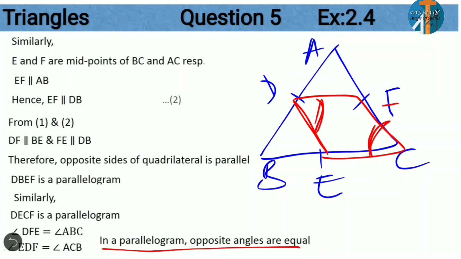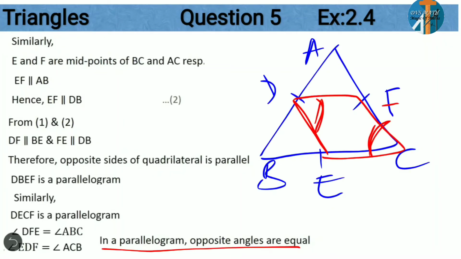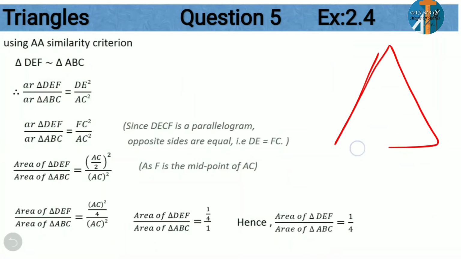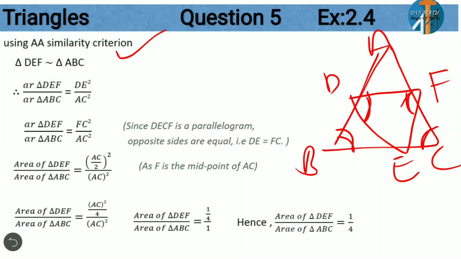So observe here. Using the AA similarity criterion, in triangle ABC and the other triangle DEF, in the first case we got angle F equal to angle B, and in the second case we got angle D equal to angle C. So by the AA similarity criterion, we can say that these two triangles are similar.